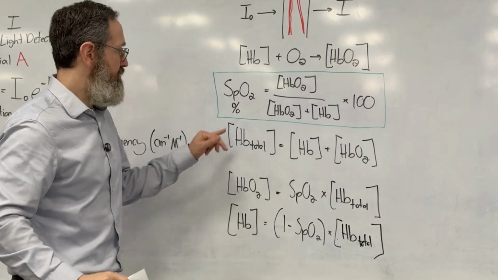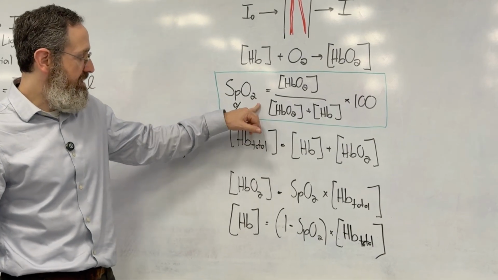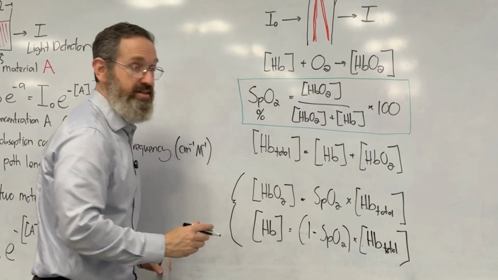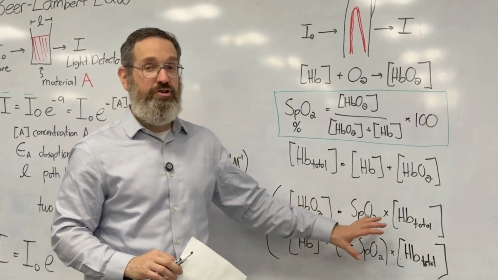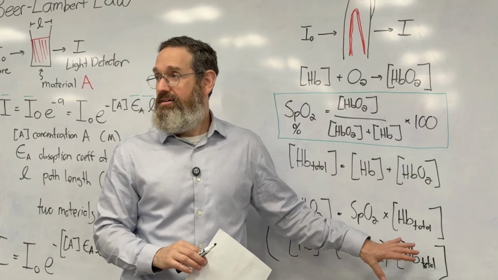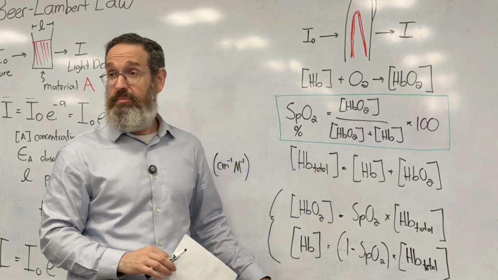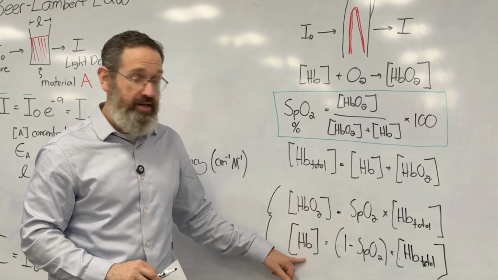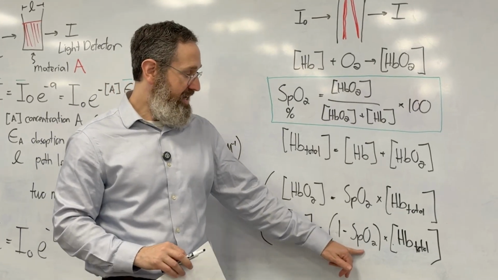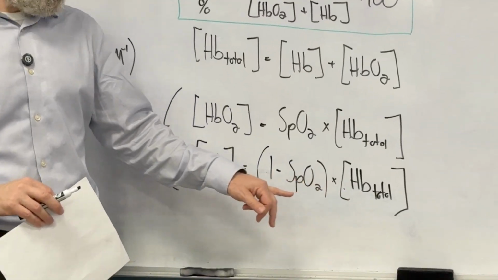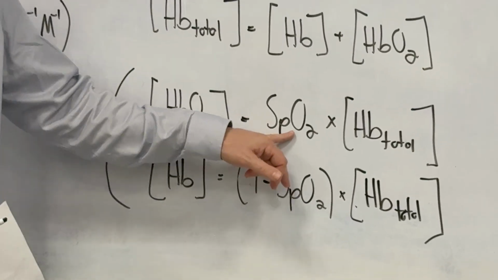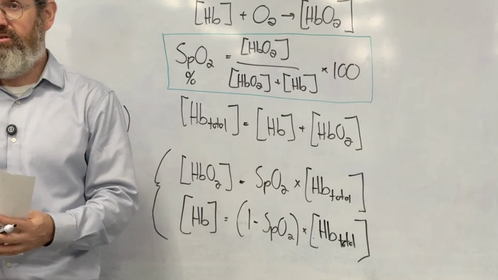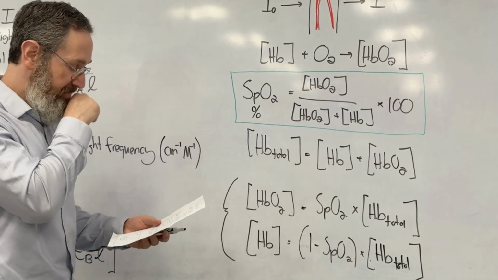These are just derived by substituting this into here, giving secondary quantities. This is not useful to us just yet, but just put it in your pocket, right? We're going to be relying on this. So you could express both oxyhemoglobin and deoxyhemoglobin as a function of SpO2 and Hb total. And you're saying, well, I don't really like that because SpO2 is itself a function of these parameters. It's not useful in its own sense, but it's going to be useful to us in a little bit, okay?